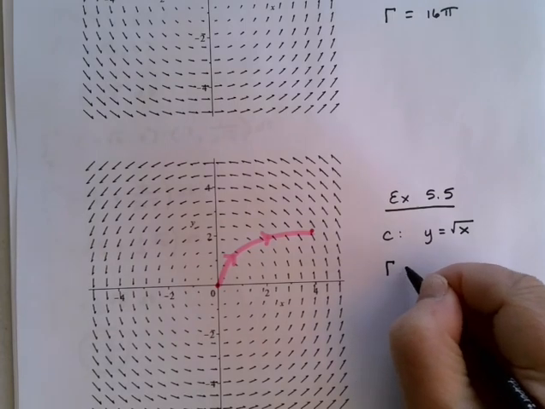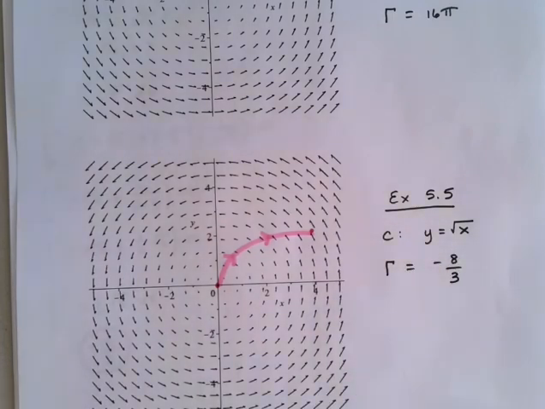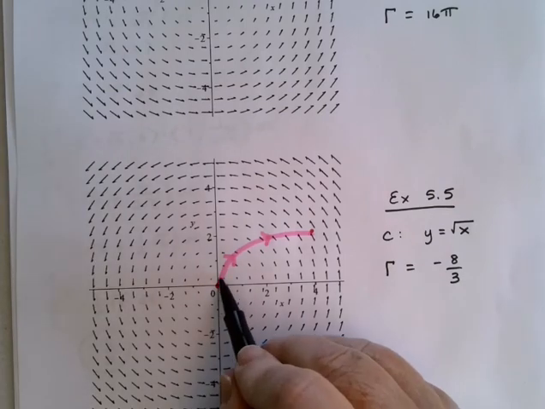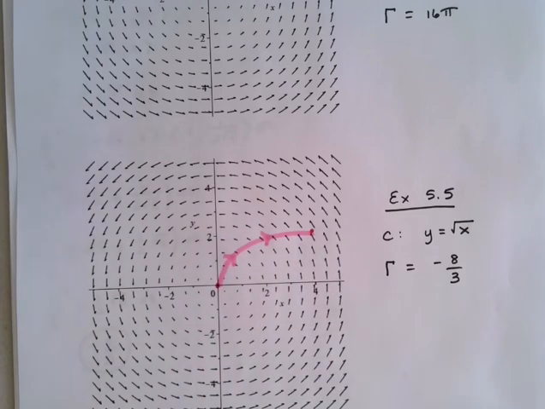When we did the circulation integral, we came out with an answer of negative 8/3. And look at what's happening here. I'm trying to move this way along the path, but what's the vector field doing? It's not helping me at all.